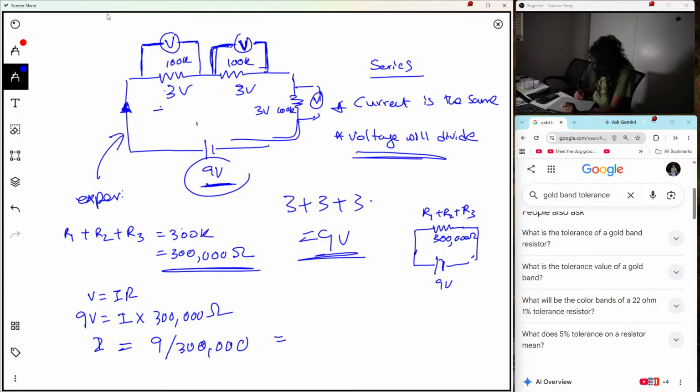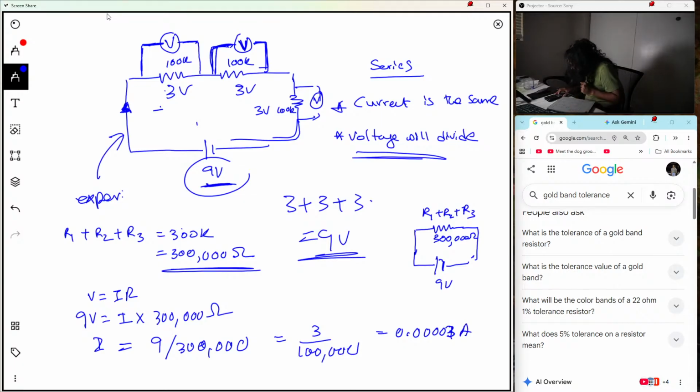If you divide 9 by 3, you get 3, and if you divide this value by 3, it will be 100,000, right? So 3 divided by 100,000, right? How many zeros? It should be 4 zeros, I believe. 0.00003 amperes, right?